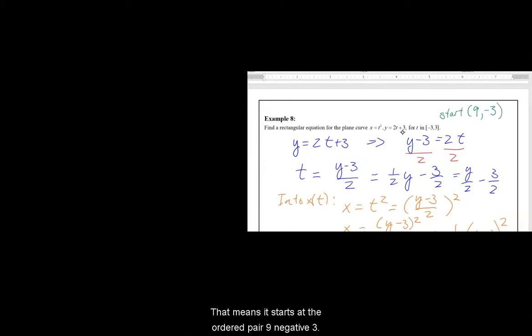That means it starts at the ordered pair 9, -3. Then it will graph towards the point given by 3 for the t value. Then when I plug it into x, it again is going to stop when it reaches 9 for the x-coordinate, but for the y-coordinate, 2 times 3 is 6, plus 3 is 9. That tells me that it's only going to graph between those 2 points.